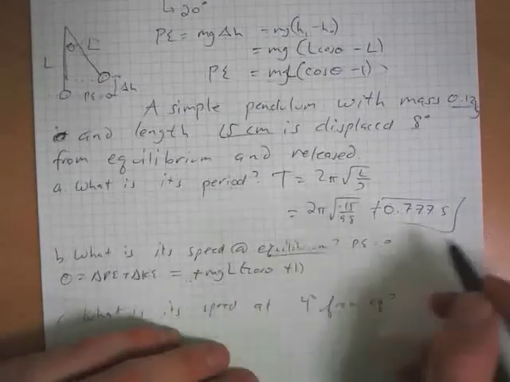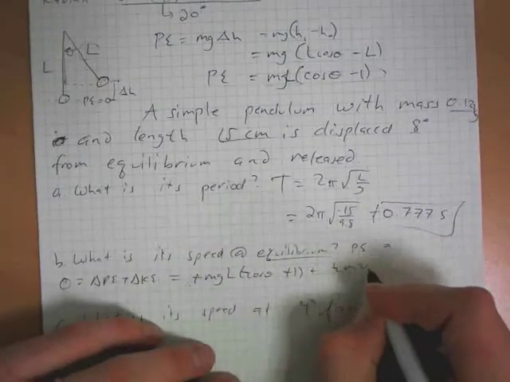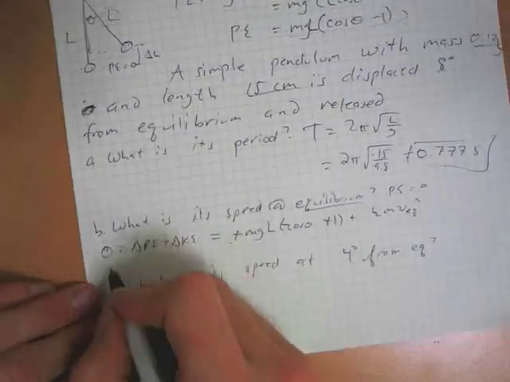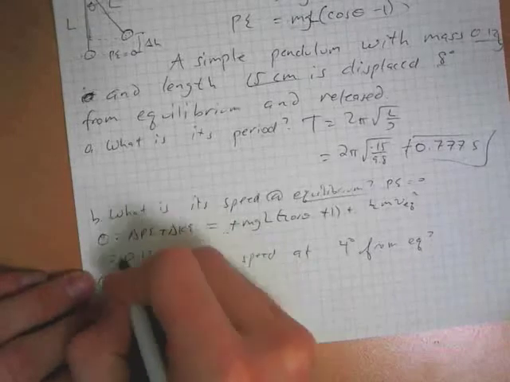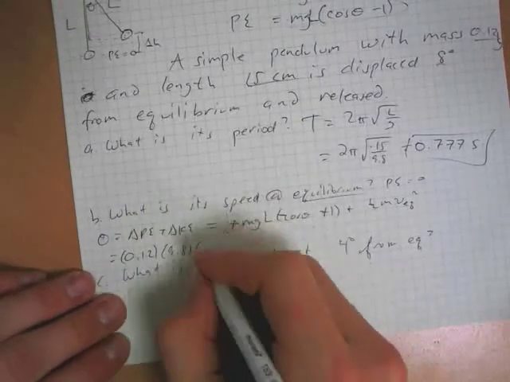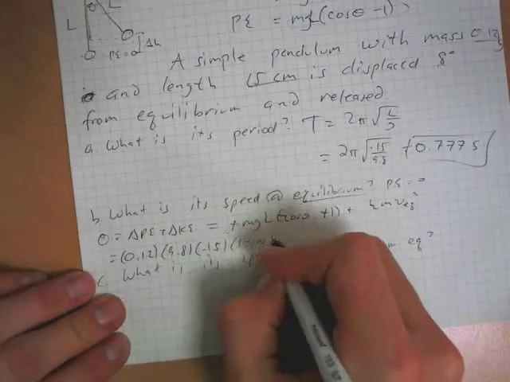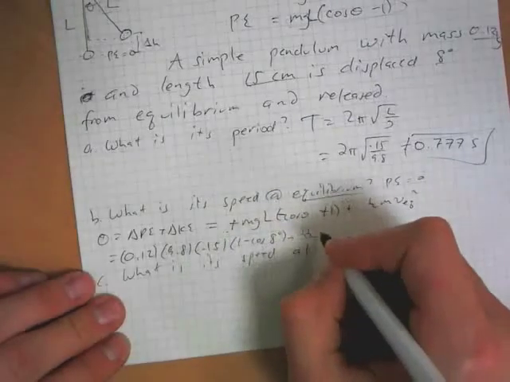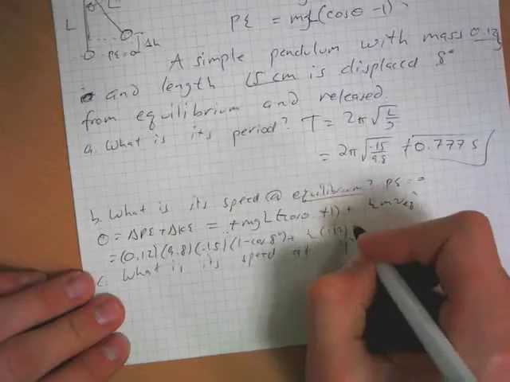And then we've got our 1/2 m v at equilibrium squared. So we can just punch our numbers in. Our mass is 0.12, 9.8, L 0.15 times 1 minus cosine 8 degrees plus 1/2 mass 0.12 and velocity at equilibrium squared.